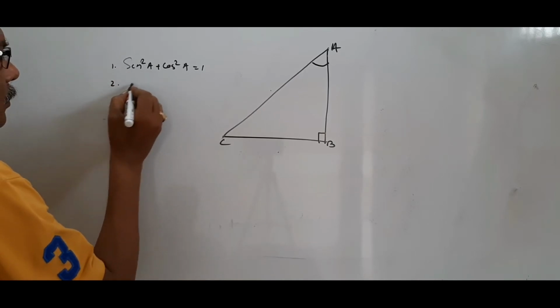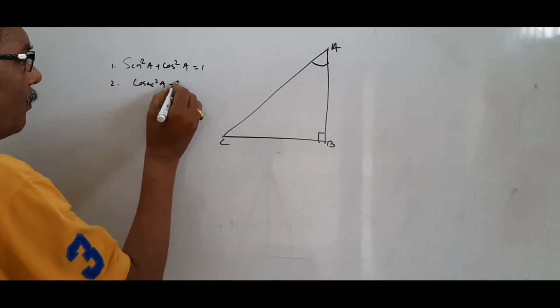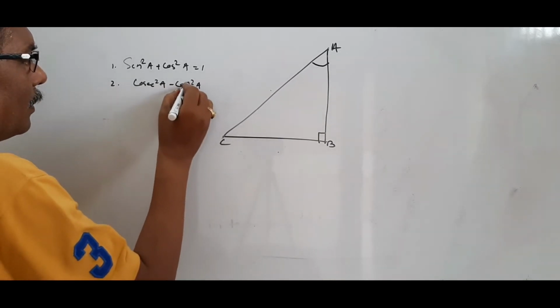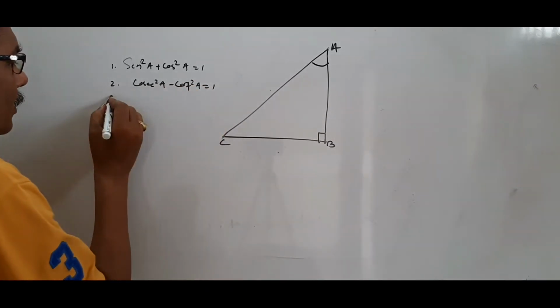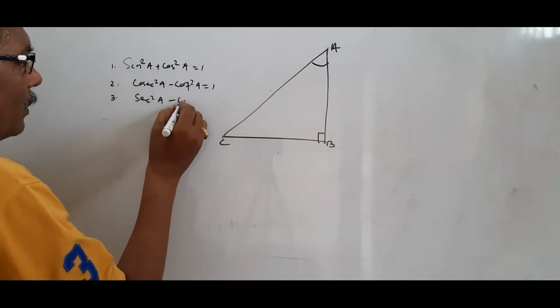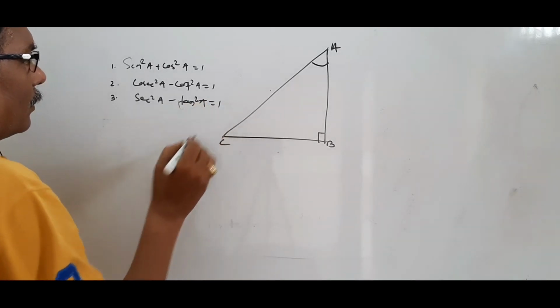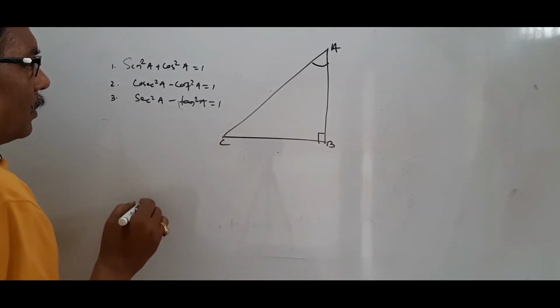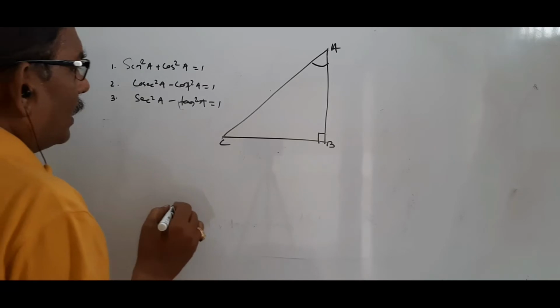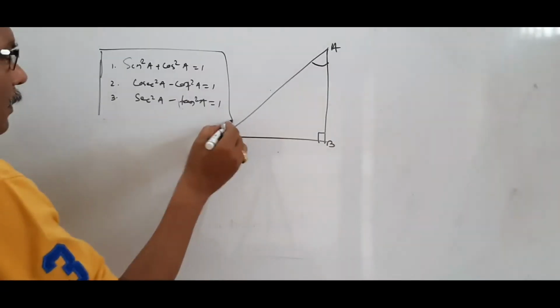Number 2, cosec square A minus cot square A is equal to 1. Number 3, sec square A minus tan square A is equal to 1. Okay. So these are the three important equations.